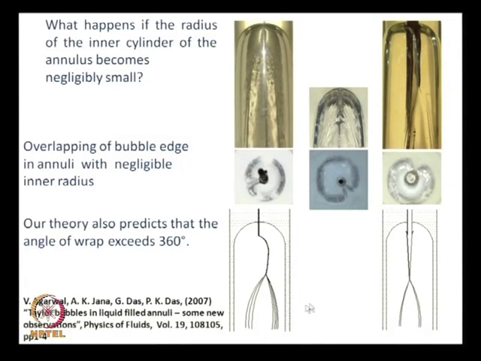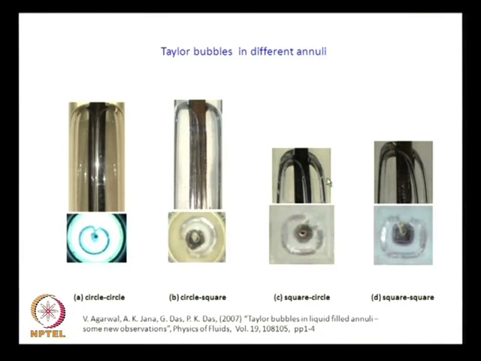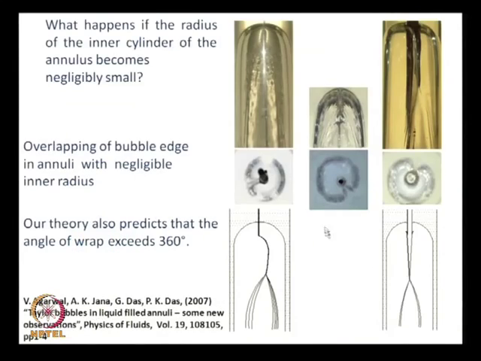It was a completely different type of shape. So, we found that there was no smooth transition of the bubble from a circular pipe to a concentric annulus. All of them were discrete jumps because the physics governing them were distinctly different for all the cases. You just observe the previous shape and this particular shape, it is completely different.